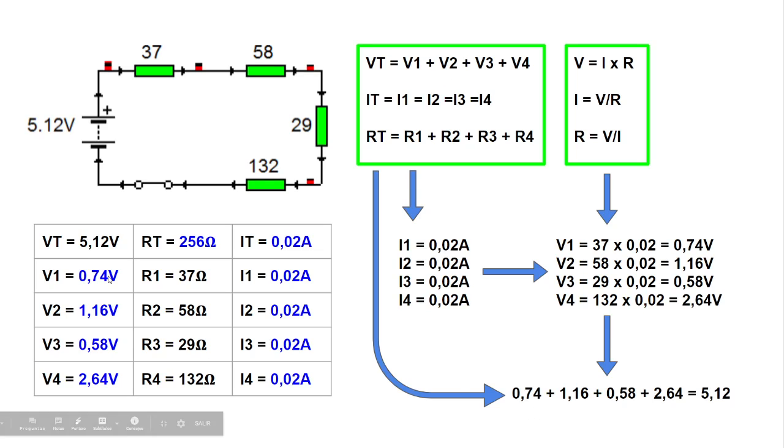So we are going to sum up voltage 1, 2, 3 and 4, and if the result is equal to the total voltage, the exercise will be correct. If you sum up all of this, the result is equal to 5.12 volts, which is the same as the total voltage. That will help us be sure that we didn't make any mistakes.